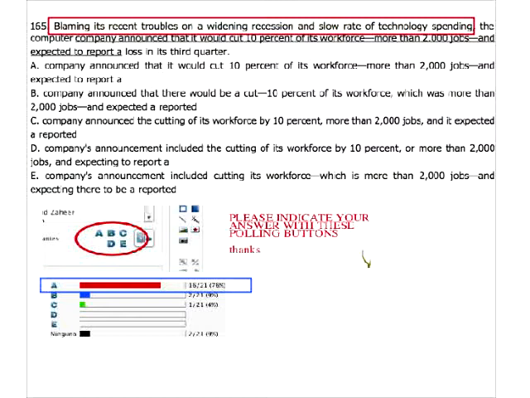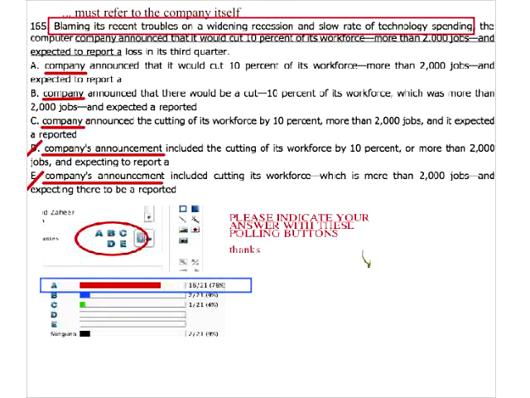This must refer to the company itself, not the announcement, because the announcement can't blame. The announcement doesn't have troubles. So the ones that say the announcement are illogical because they say that the announcement itself has troubles that it's blaming on something. On the other hand, the ones that refer to the company itself make sense.